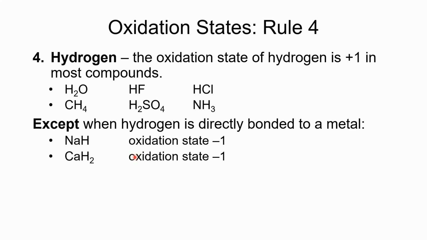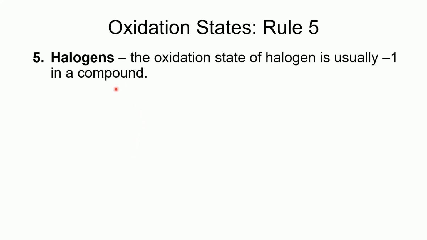Now to rule 5. When we have halogens, usually the oxidation state of a halogen is -1 if it's in a compound. However, that's not always the case for some of our halogens.